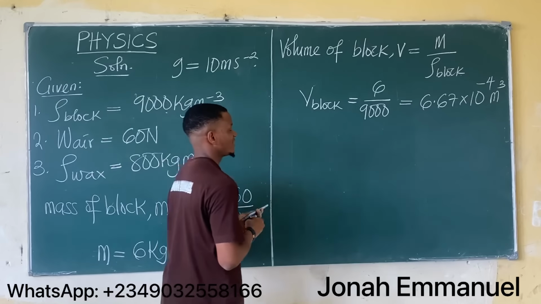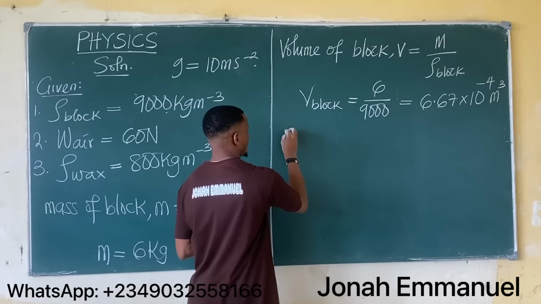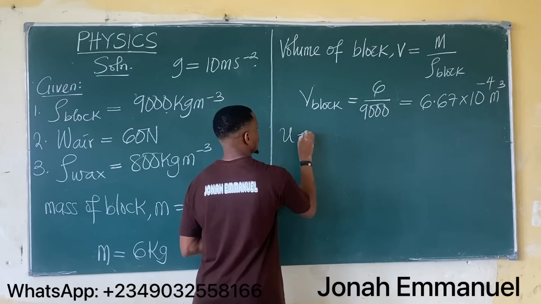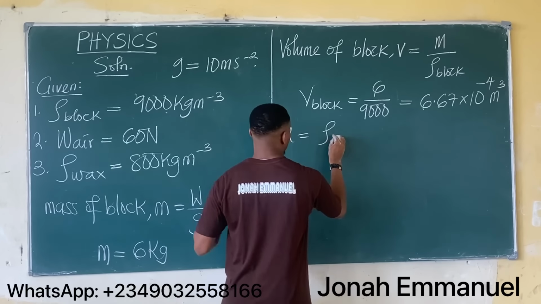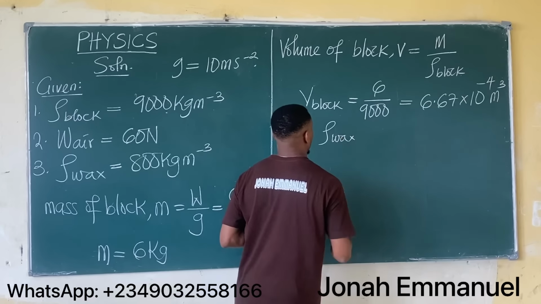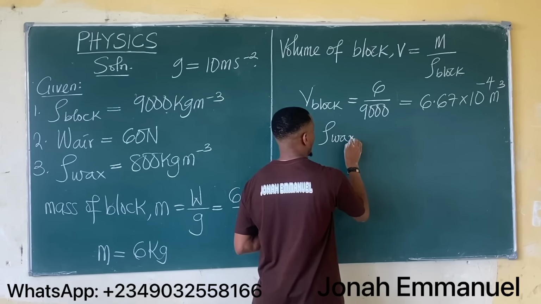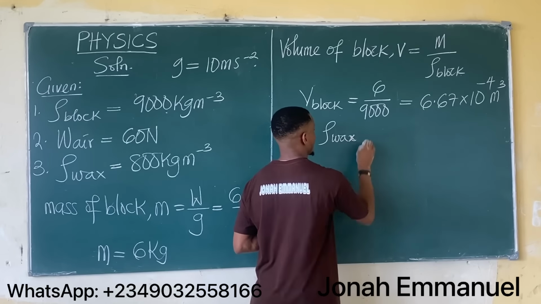Alright, after saying this, now let's look at the upthrust. So we said upthrust U is equal to density of liquid, which in this case is paraffin wax, times volume of block times gravity.